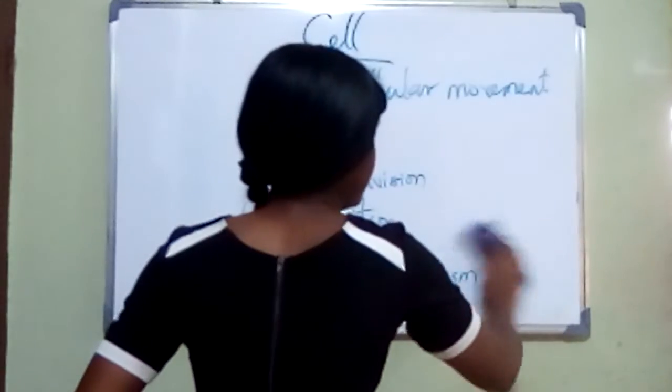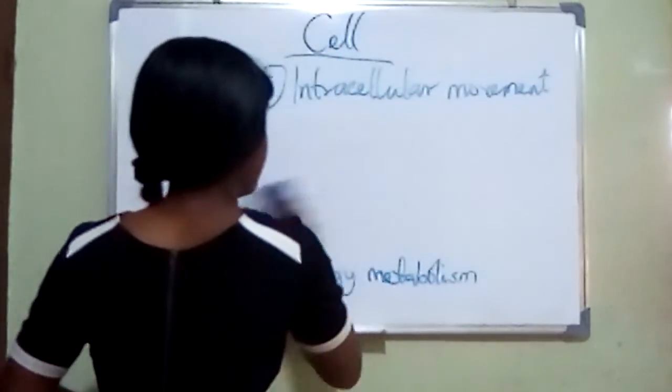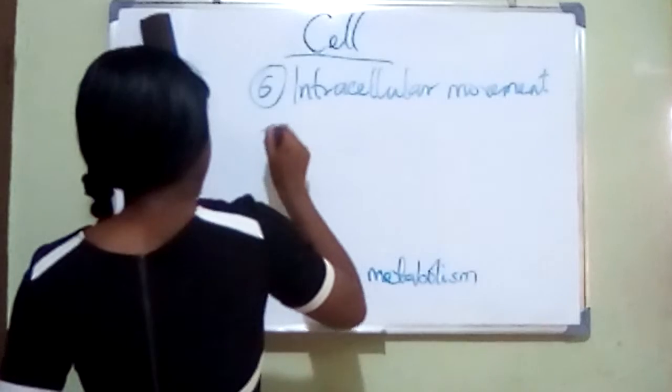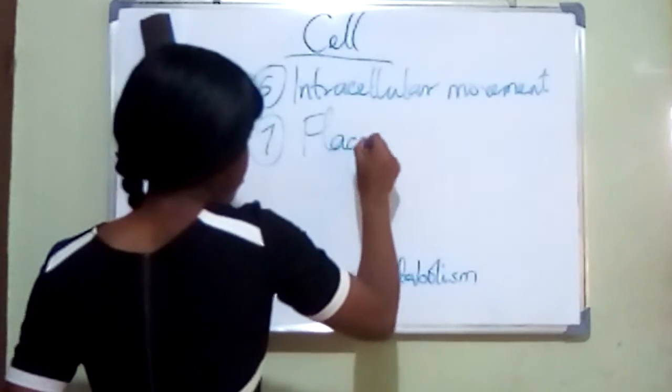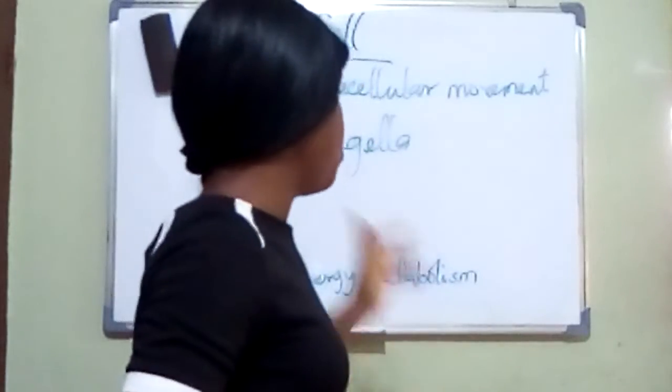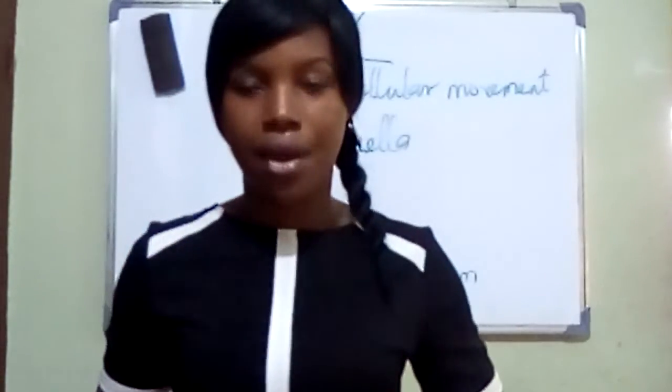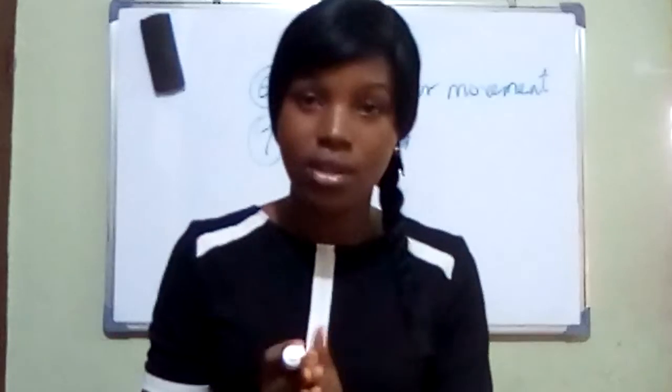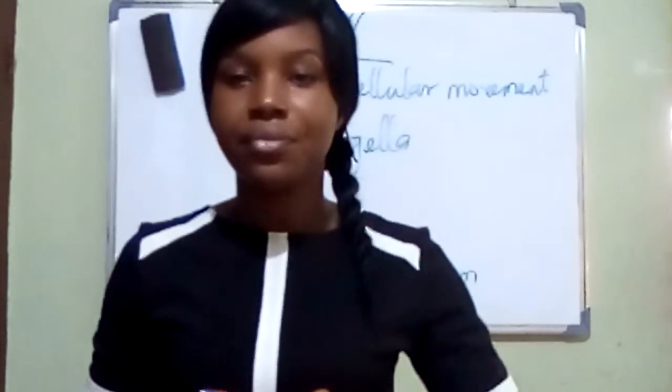Next is flagella. This is the organ that aids movement in some prokaryotic cells and some eukaryotic cells. Now, in prokaryotic cells, okay, let me start with eukaryotic cells. In eukaryotic cells, the flagellum is composed of two single microtubules. I will explain microtubules in subsequent videos.